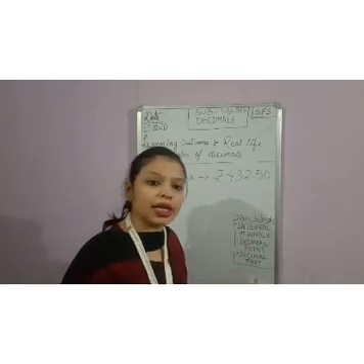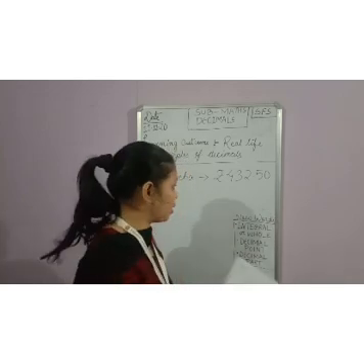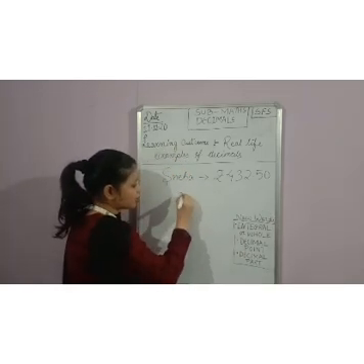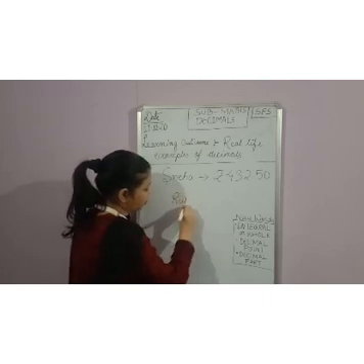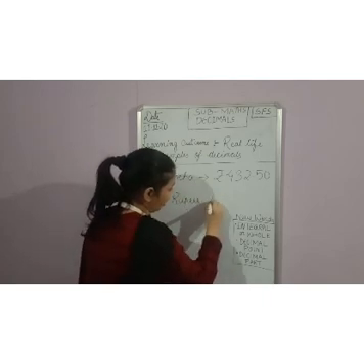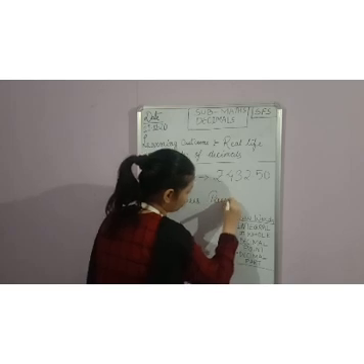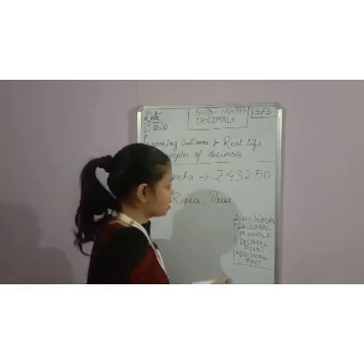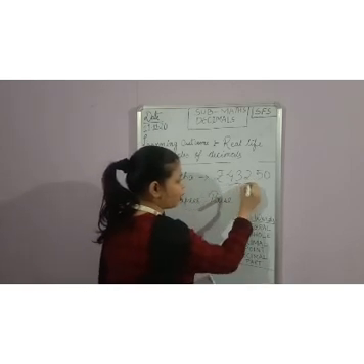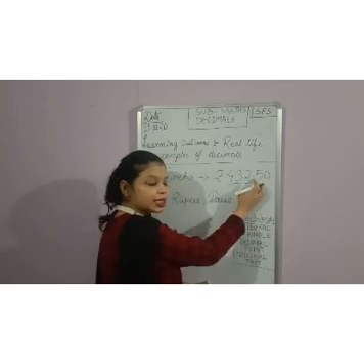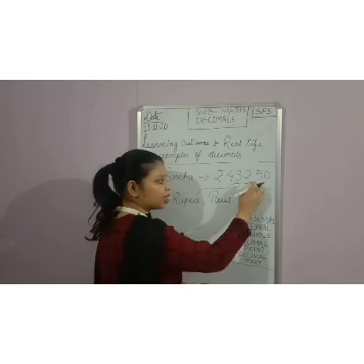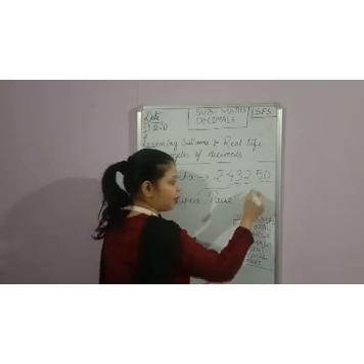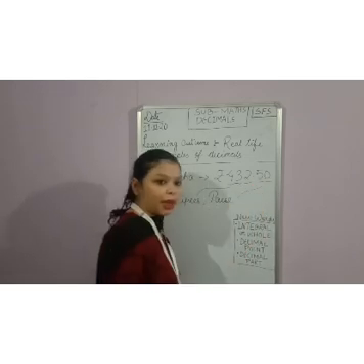Now we know money is categorized into 2 types, rupees and paise. The number before the decimal point is known as rupees, and after the decimal point, the decimal part represents the paise.